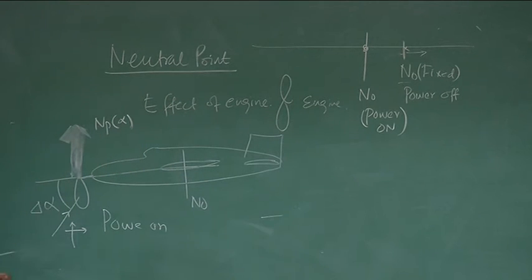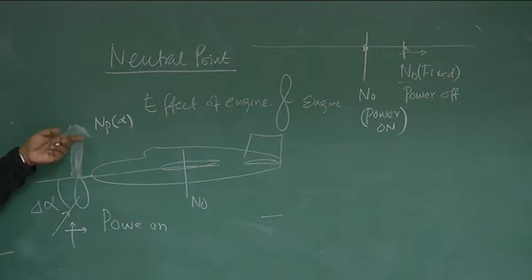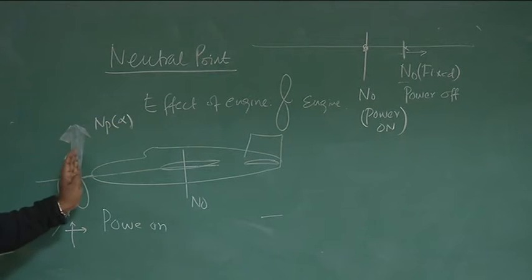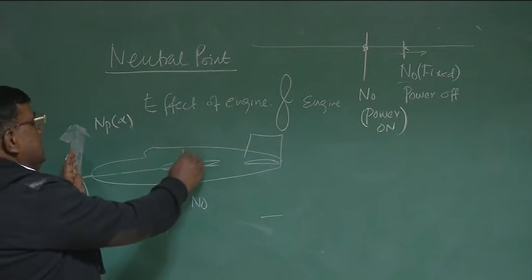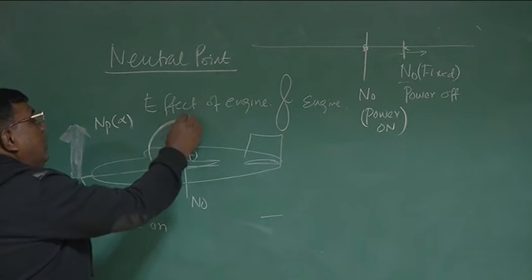Is it clear? Again I repeat, because of this engine thrust or engine power, this is a propeller driven airplane. If there is an angle of attack, there will be momentum exchange in this direction also. So that will give a force. Roughly I can write this as a function of alpha, and since this force is ahead of CG, CG somewhere here, for any positive alpha, it will give a nose-up moment.